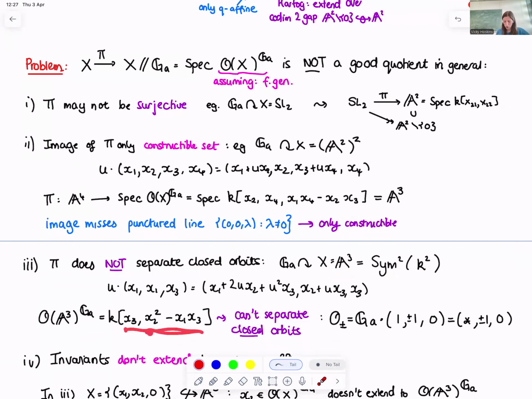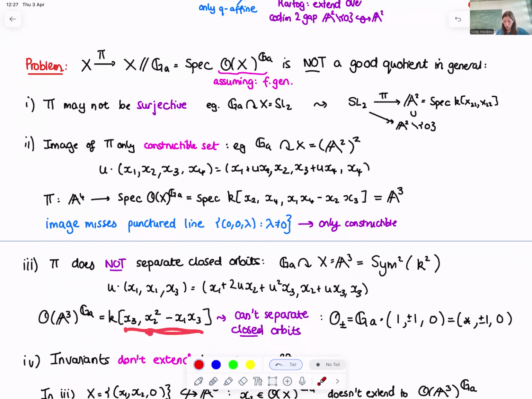If I look at this example that we had in part 3, and I take the locus where the last coordinate is 0, so this is a G_a invariant closed subset inside A^3, and now x2 will actually become an invariant function on X. But this does not extend to an invariant function on the larger space. So this is another problem.